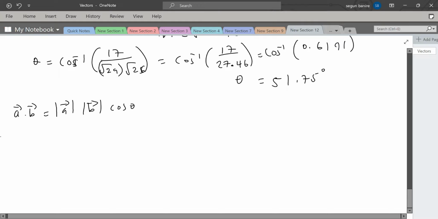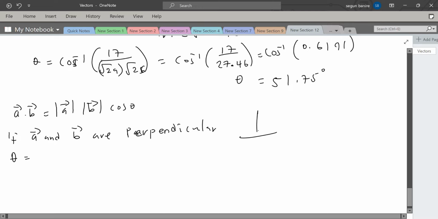So with this, you could be asked: if A and B are parallel, or let's say perpendicular. This is where I'm going. What do you think the angle between them will be if they are perpendicular like this?